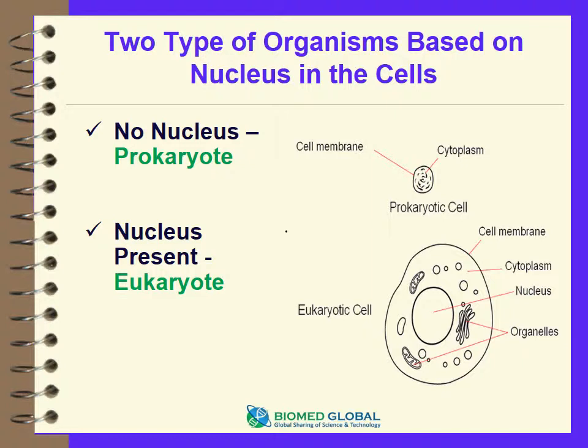Living organisms, as I mentioned earlier, can have either a single cell or multiple cells. Single-cell organisms like bacteria do not have a nucleus, and we classify them as prokaryotes. Every cell which has a nucleus is known as a eukaryotic cell, like all human cells, plant cells, and so on.